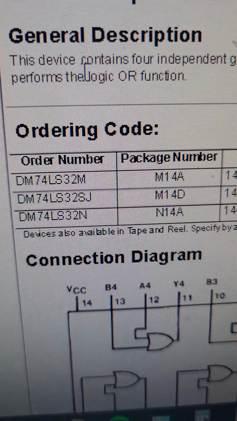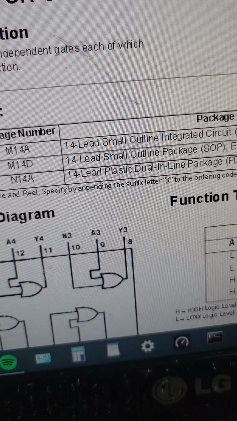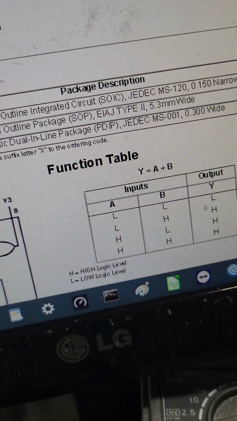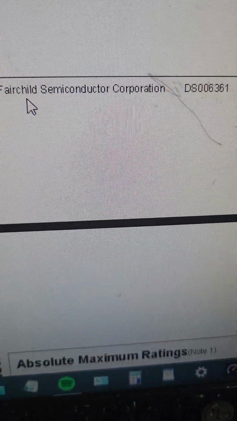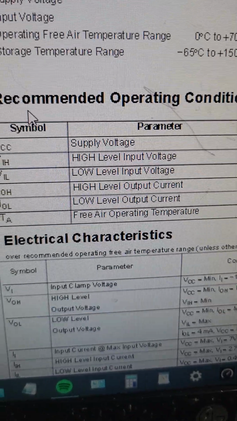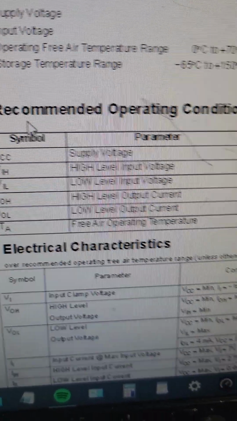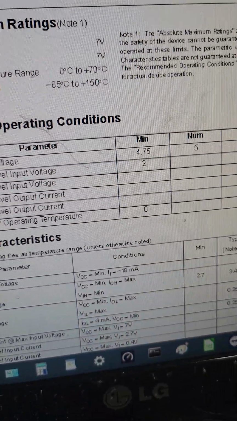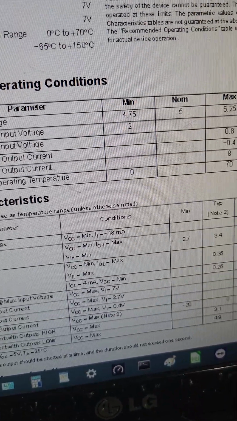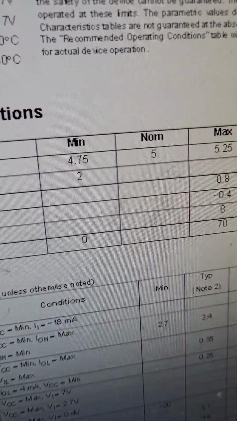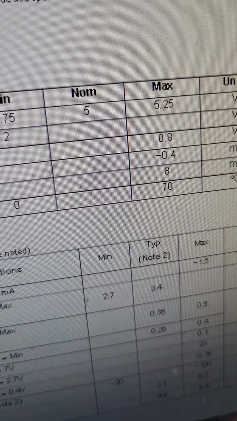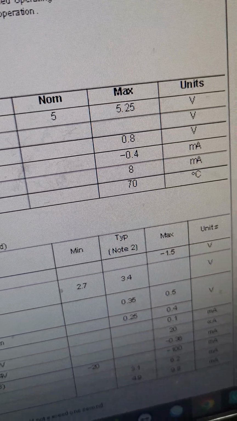You can see here the supply voltage, the VCC supply voltage. The minimum is 4.75, nominal is 5 volts, maximum is 5.25.